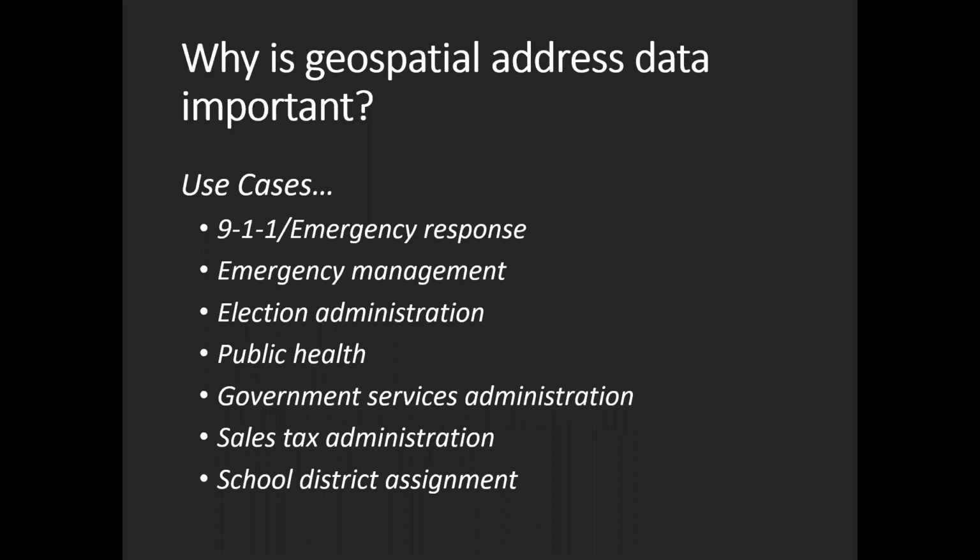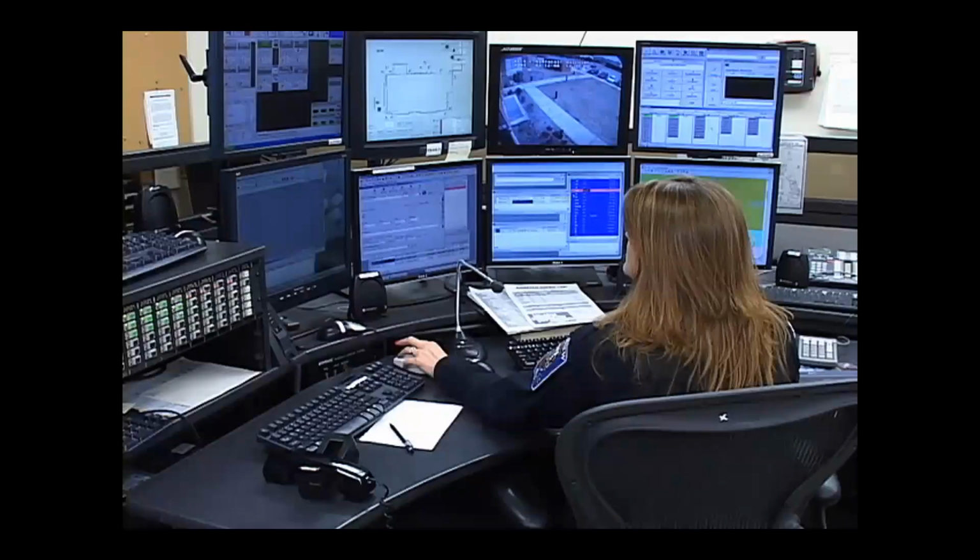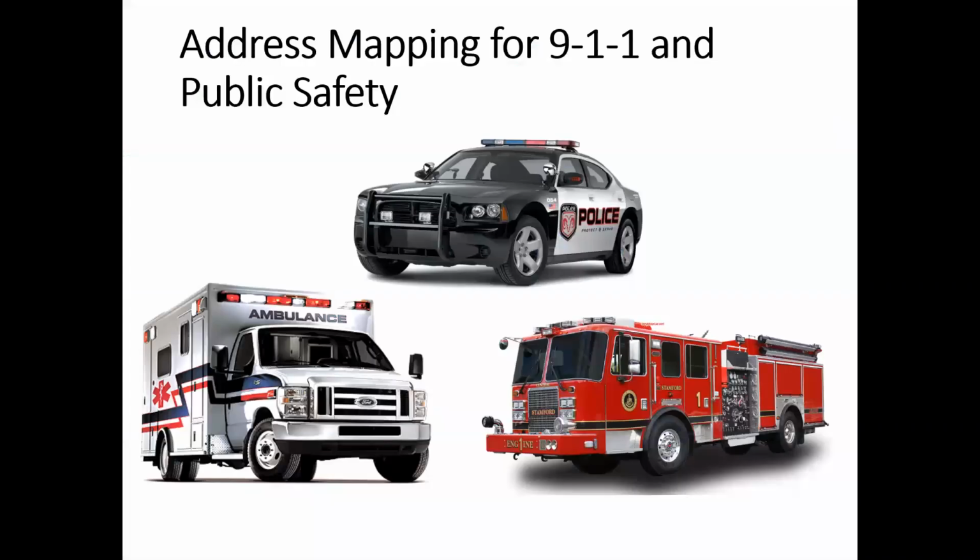So if we dig a little bit farther into these, from a 911 perspective, you want this person to have your address, know what your address is, be able to find your address. Because if you're in the unfortunate situation that you're dialing 911 because something is wrong, you definitely want this dispatcher to be able to get your information and get the folks in these vehicles to you as quickly as possible.